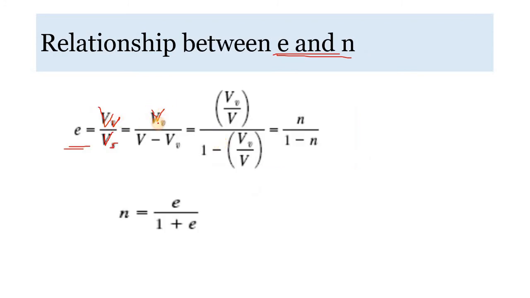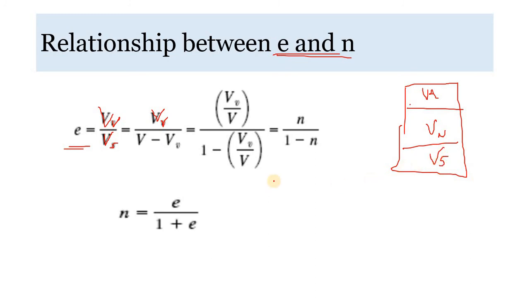So volume of voids. आता आपल्याला माहिती आहे टोटल वॉल्यूम हा 3 पार्ट मध्ये आहे, वॉल्यूम ऑफ एअर, वॉल्यूम ऑफ वॉटर and volume of soil.